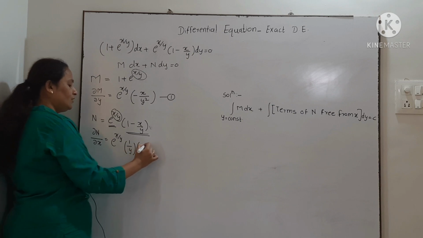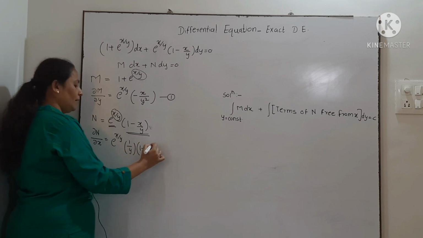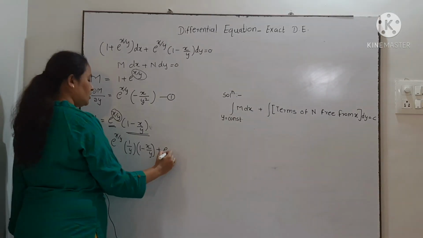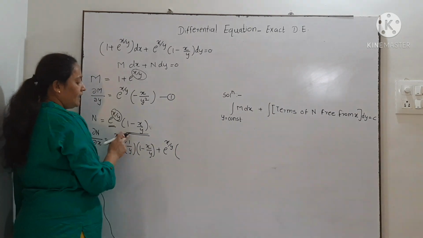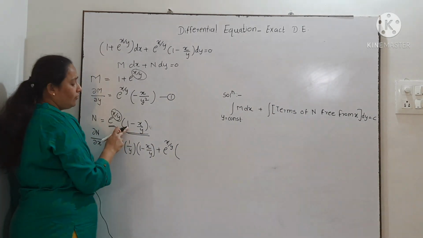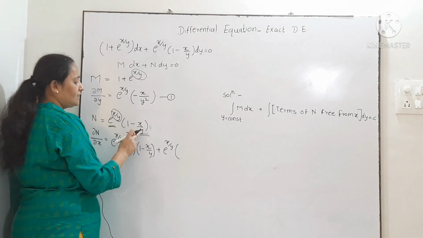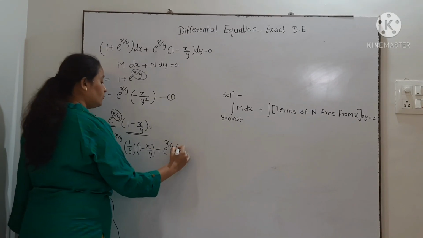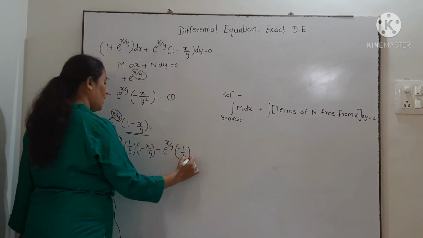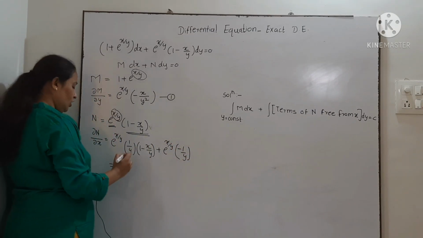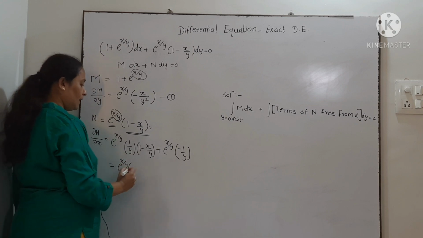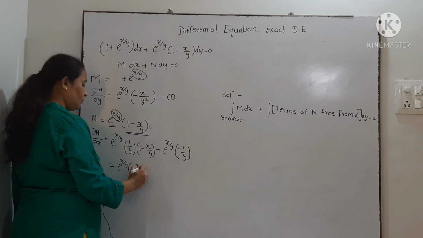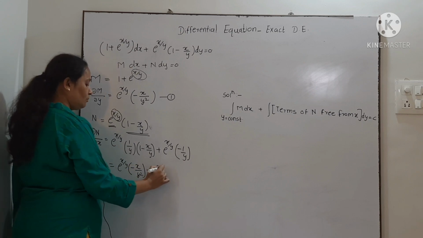Second term as it is, 1 minus x upon y, plus first term as it is, e raised to x upon y as it is. Derivative of second term, derivative of 1 is 0. Derivative of minus x upon y with respect to x will be minus 1 upon y. And if you open this bracket, you will get the answer e raised to x upon y in bracket minus x upon y square. One term will get cancelled. So this is equation number 2.